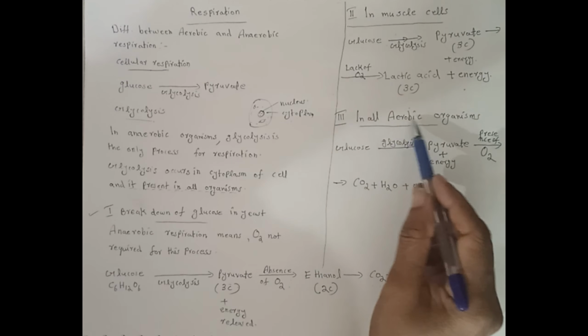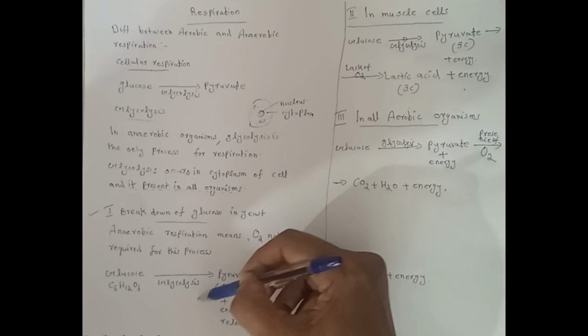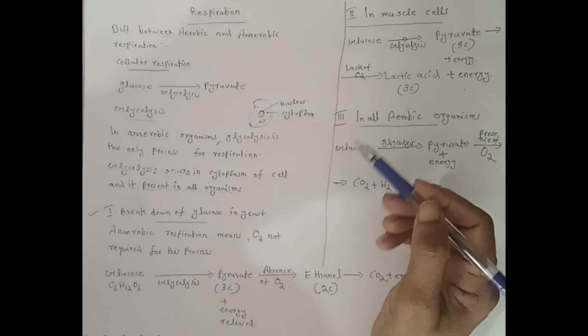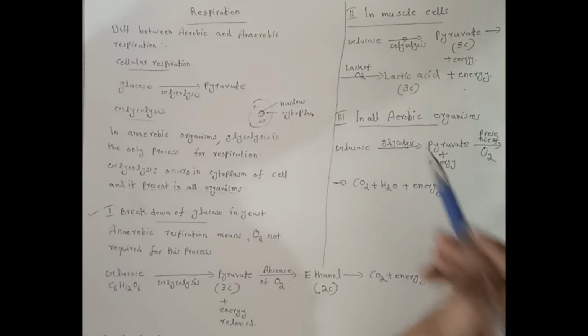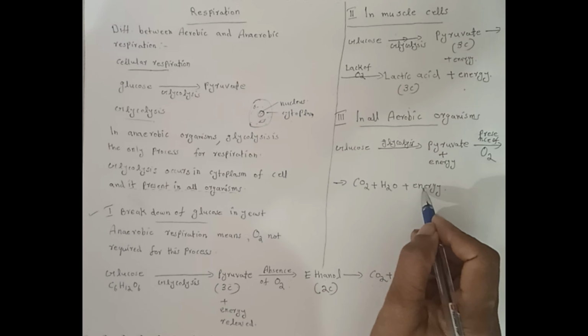This is an example of aerobic respiration. Here too, anaerobic respiration. Here we can see the different products. Here the ethanol, here lactic acid, and this is the end product: carbon dioxide, water and energy.